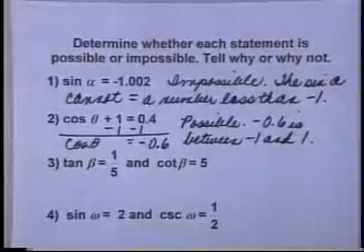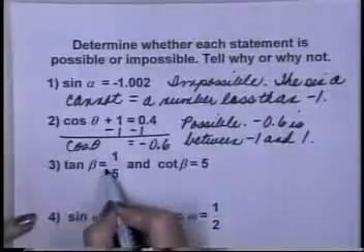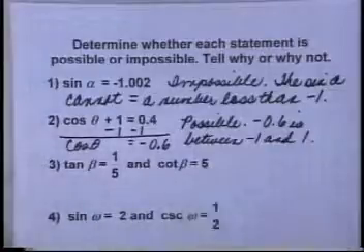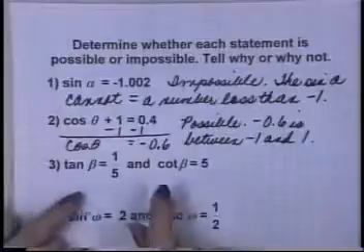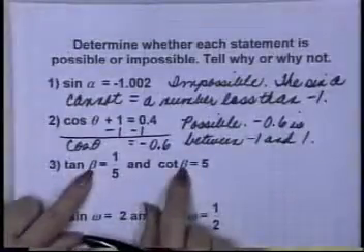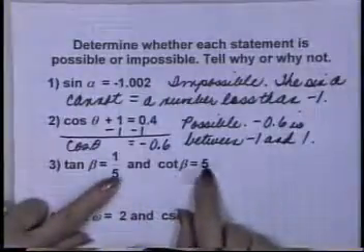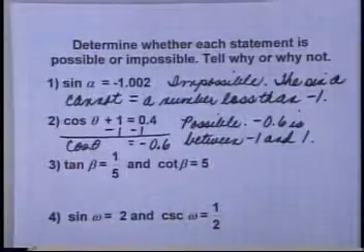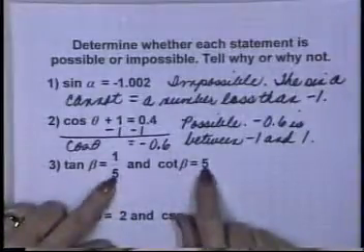Now let's look at number 3. Is it possible for the tangent of beta to equal 1/5 and the cotangent of beta to equal 5? Well, there are two things you have to consider here. First of all, for this angle beta, we know that the tangent and the cotangent have to be reciprocals of each other, and they are, so that's possible. Secondly, what values can the tangent and cotangent of beta equal? Well, they can equal any real number.